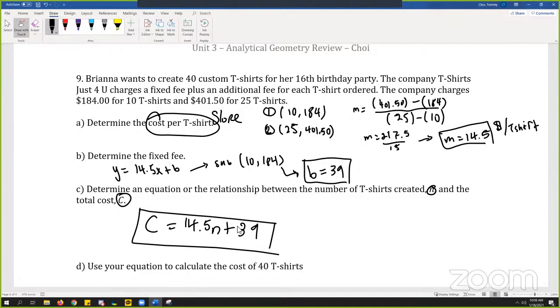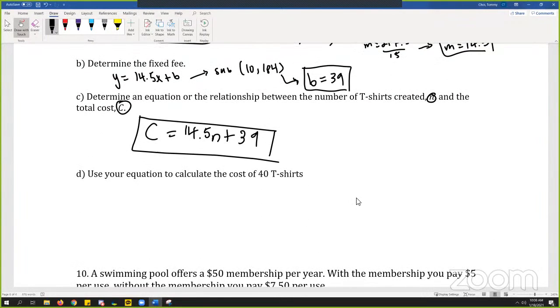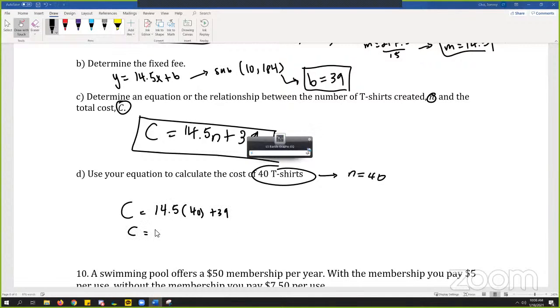Very good. And then it says use the equation to calculate the cost of 40 t-shirts. This tells us that n equals 40. So we can plug it into our formula. Or for our equation, we replace n with 40 and we can solve it. So 14.5 times 40 gives me 580 plus 39.